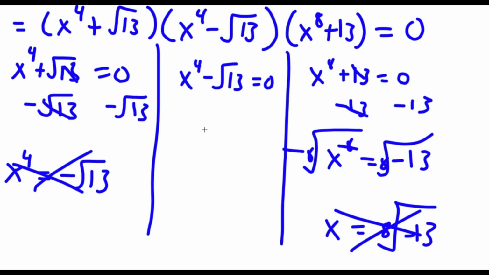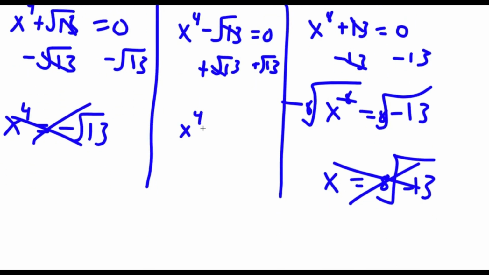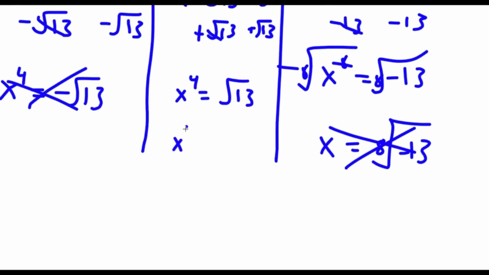So now all we are left with is x to the power of 4 minus the square root of 13 equals 0. So I'm going to first add the square root of 13 on both sides. So now I have x to the power of 4 is equal to the square root of 13. Now the square root of 13 is the same thing as 13 to the power of 1/2.